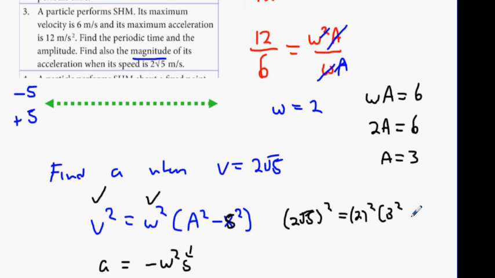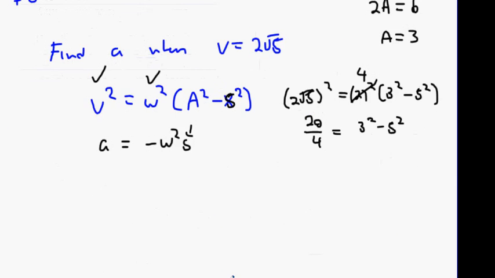So, what's 2 root 5 squared? I think it's 20. This here is going to be the number 4, so divide 20 by 4, and it's the same thing as 3 squared minus s squared. Okay, so what's 20 over 4? 5. 5 equals 9 minus s squared.